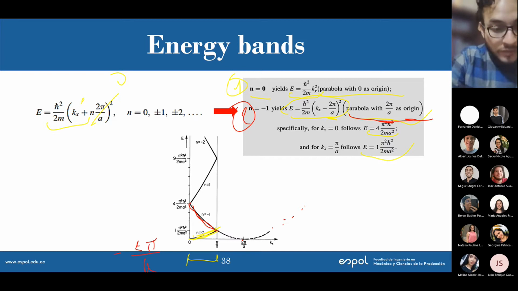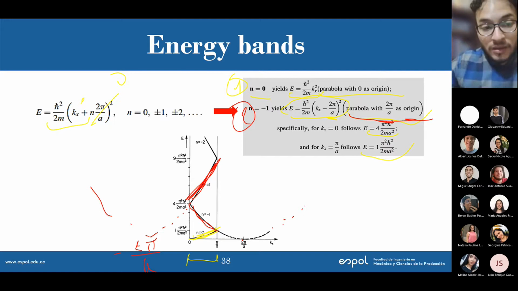You can calculate that, and you will get this. But again, what matters to me is just this part. So all I'm doing is plugging different values of n in the equation and seeing how my energy band looks.